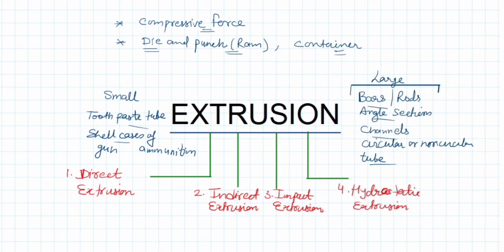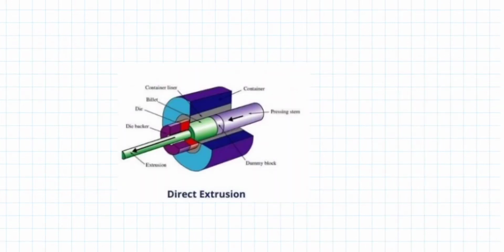So let us begin with the first extrusion process, which is the direct extrusion process. This diagram depicts the cut section view of the direct extrusion process. As is seen from this diagram, the main equipment of the direct extrusion process is the container.